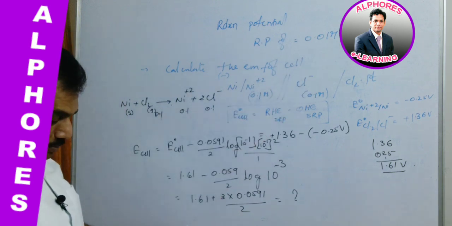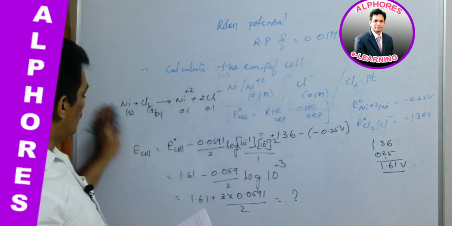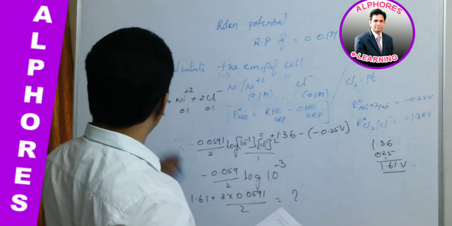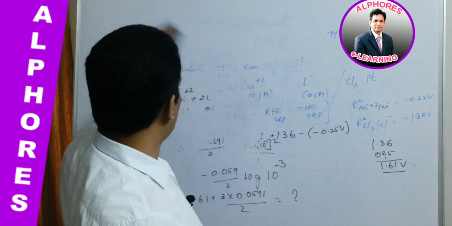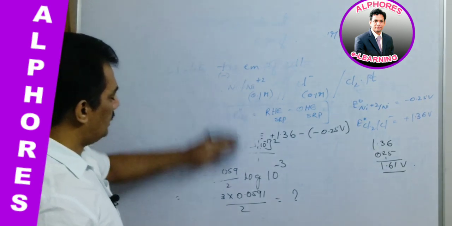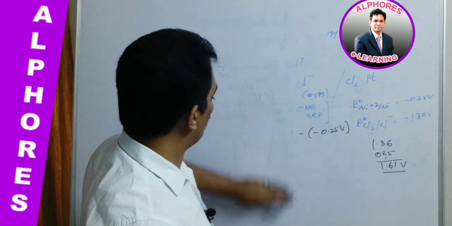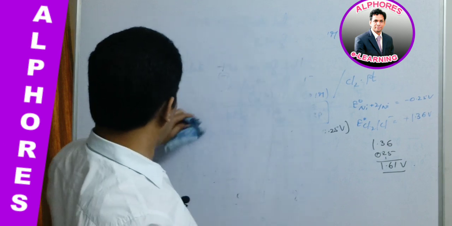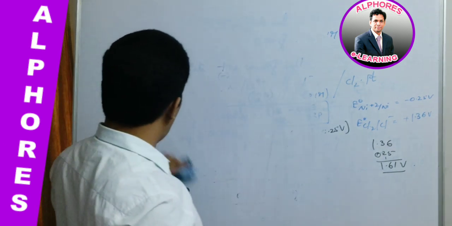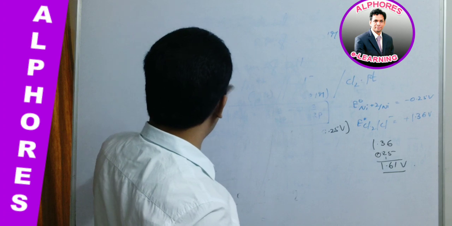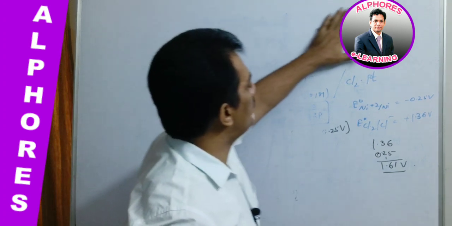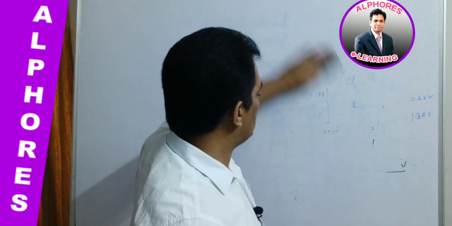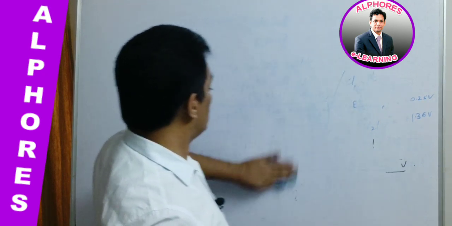And now let me provide one more cell, and it is better to solve it on your own. I will provide 2 more questions to you, and try to solve these 2 questions on your own. In the next session I will provide the solutions, and after that we will discuss the second type of electrochemical cell, that is nothing but the concentration cell.